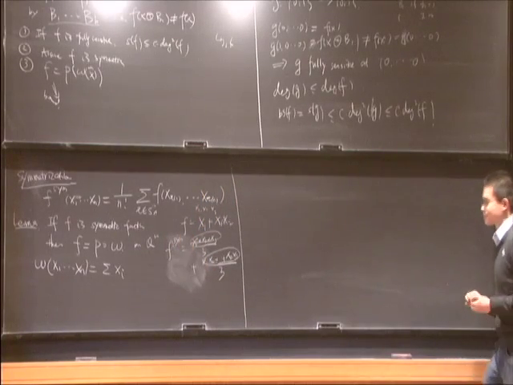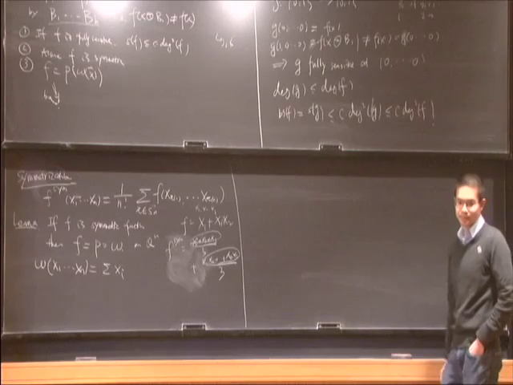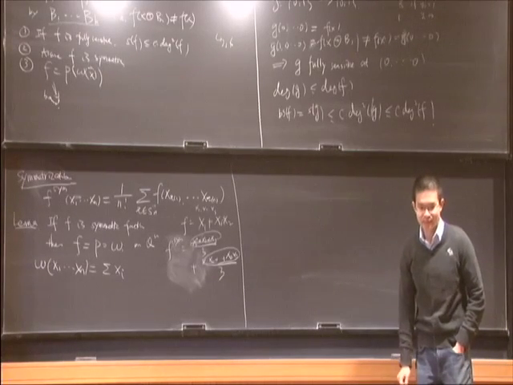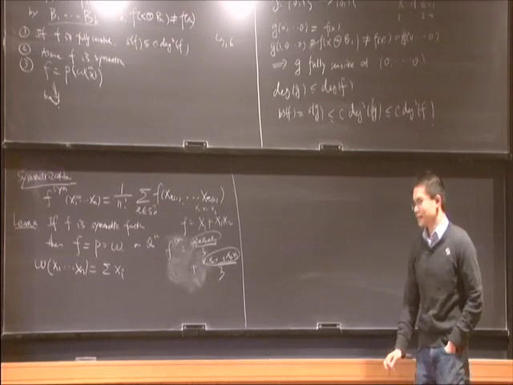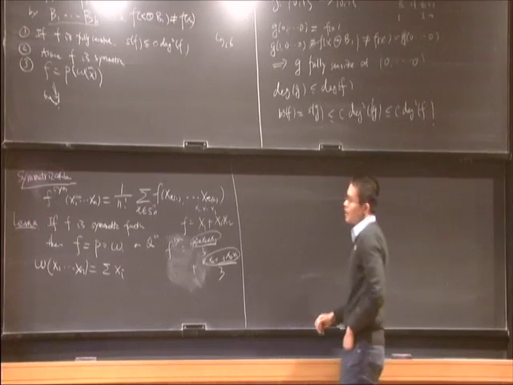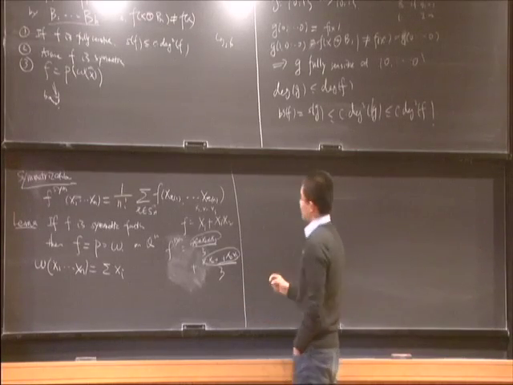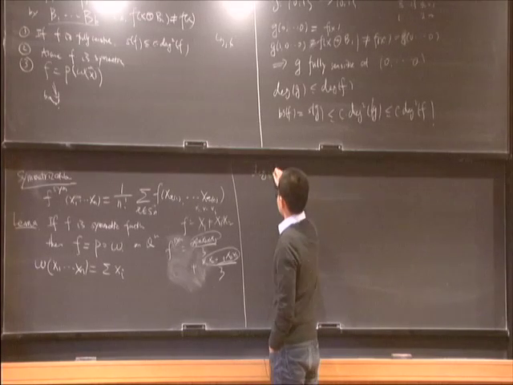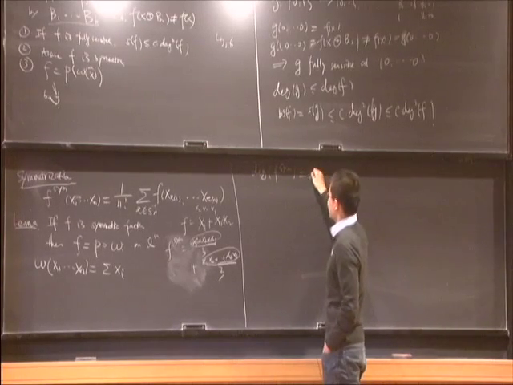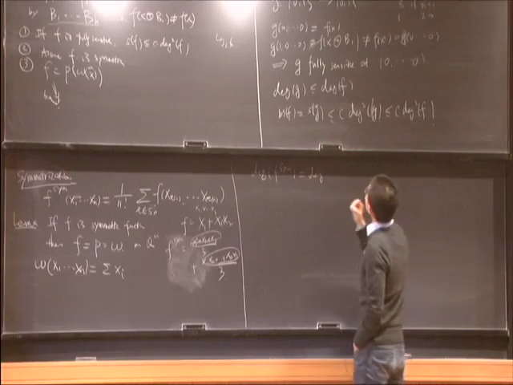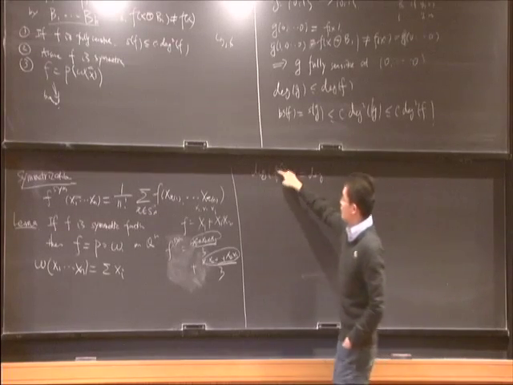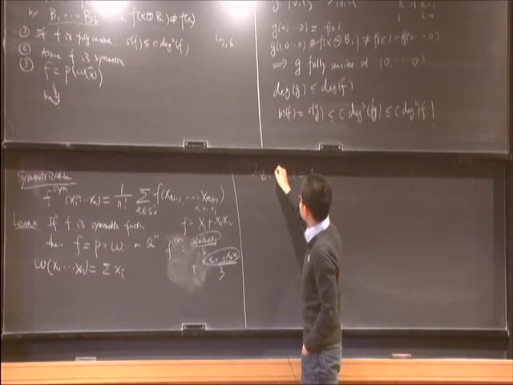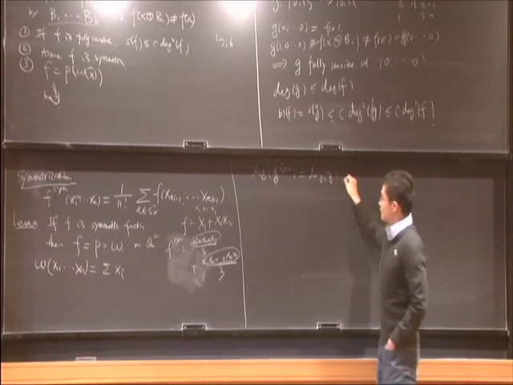So this transformation may not leave a Boolean function Boolean. One nice thing about this symmetrization is that the degree of f sym is at most the degree of f. So if we apply it to our function g, then we get this thing.